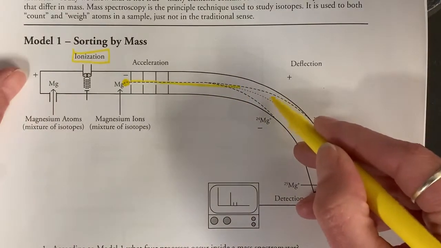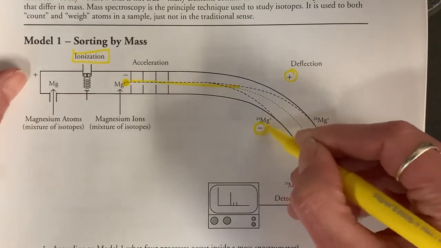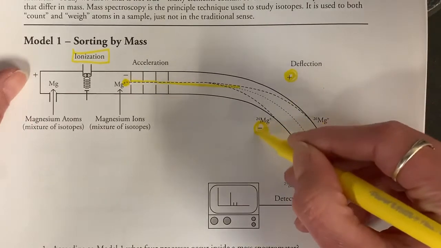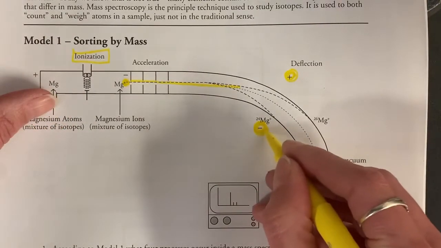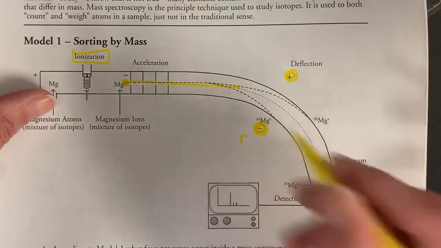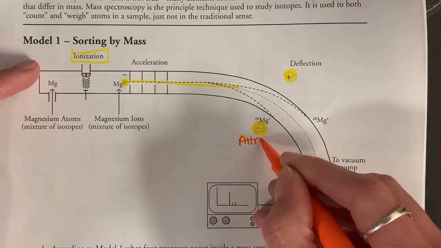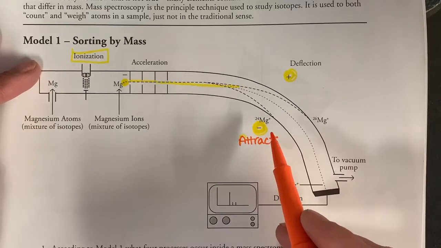Down here, he runs into magnets. On one side, I've got a positive magnet. On the other side, I've got a negative magnet. If you've ever played with magnets, we know that opposite charges attract. So this negative magnet is going to attract the positive ion.